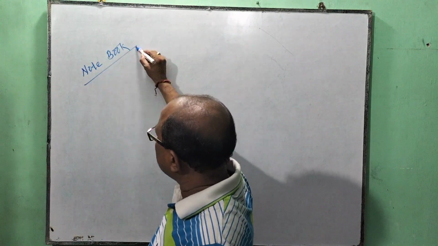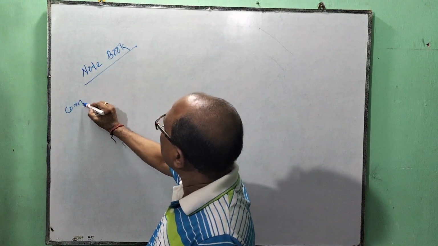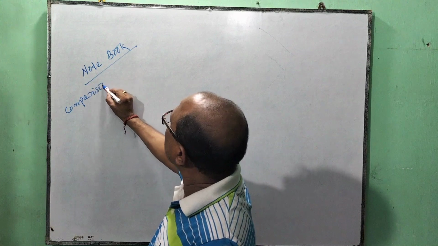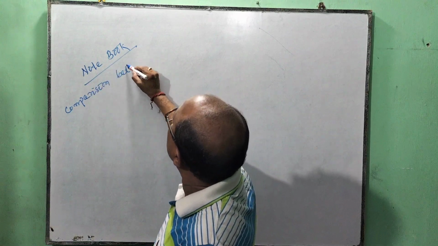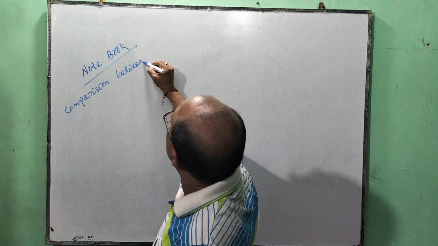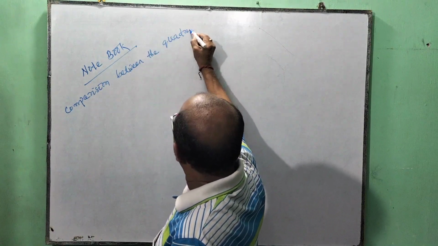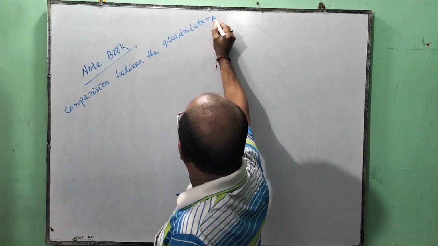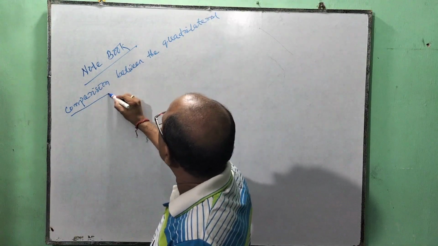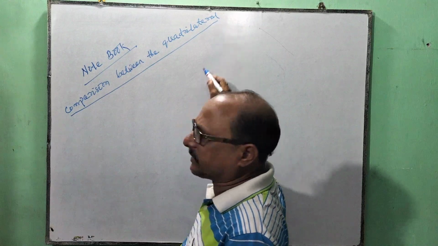This is the comparison between the quadrilaterals. These are the most important points. You have to remember these points.